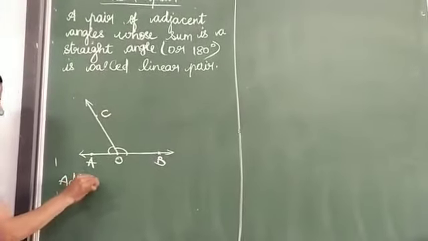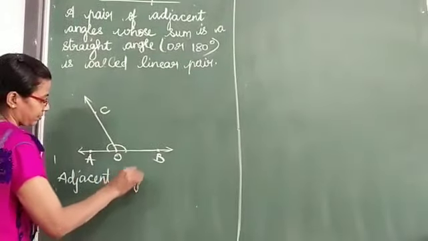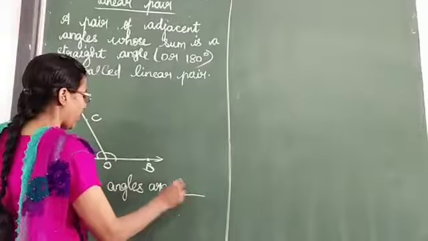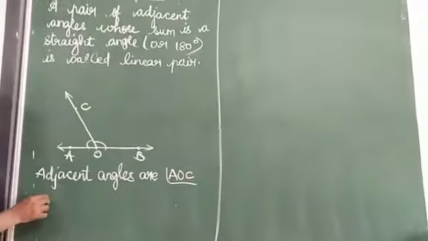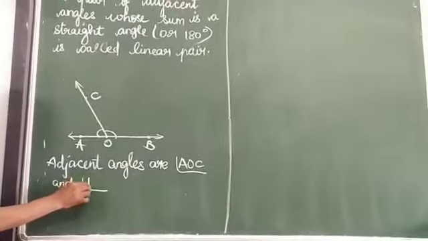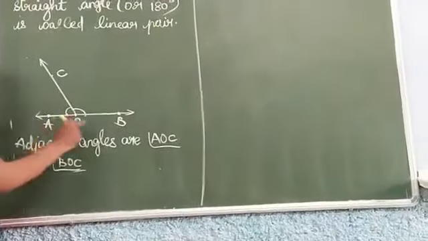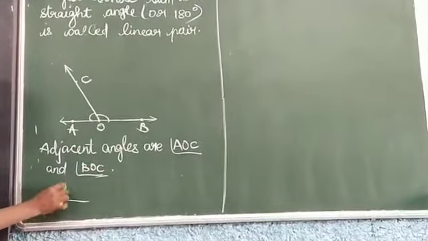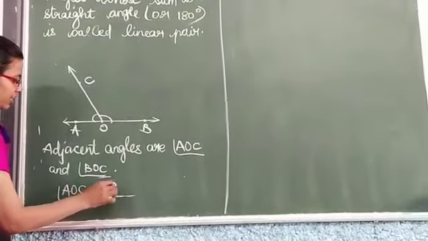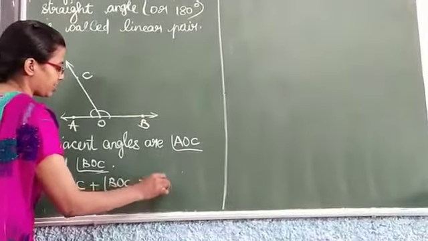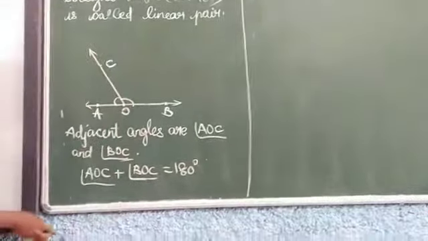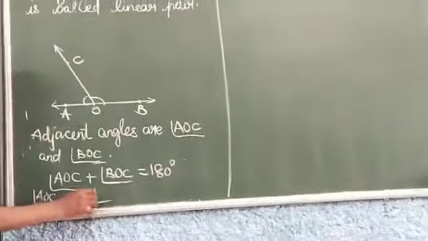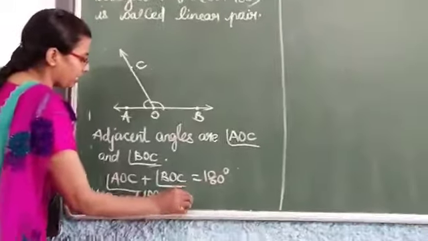Adjacent angles are angle AOC and angle BOC. AOC and BOC are two adjacent angles. The sum of these two adjacent angles is equal to 180 degrees. So these two pairs of angles form a linear pair. So angle AOC and angle BOC form a linear pair.